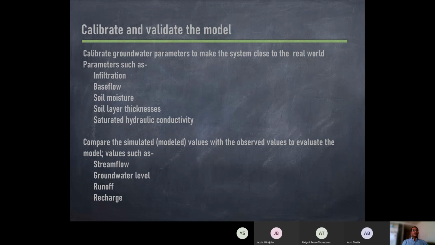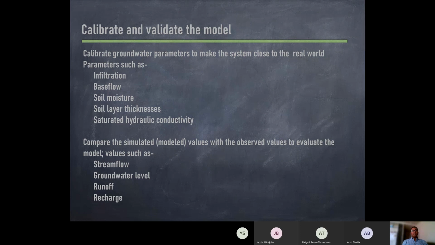So I calibrate those groundwater variables or parameters. I tweak those data and information based on the references that I have. There are lots of USGS, United States Geological Survey, reporting documents, and lots of textbooks as well.